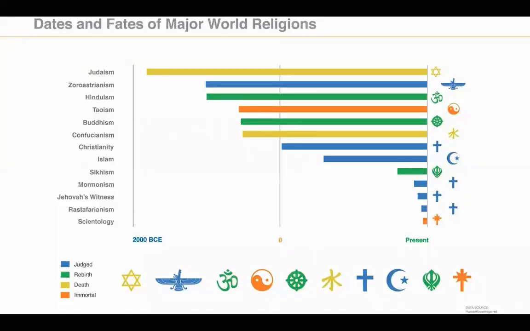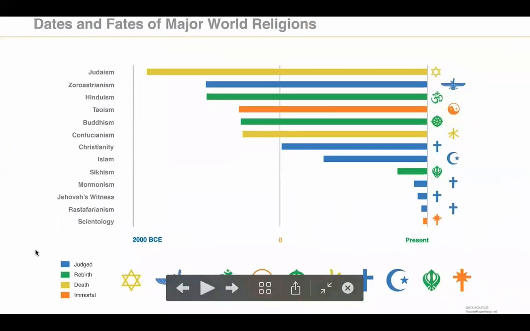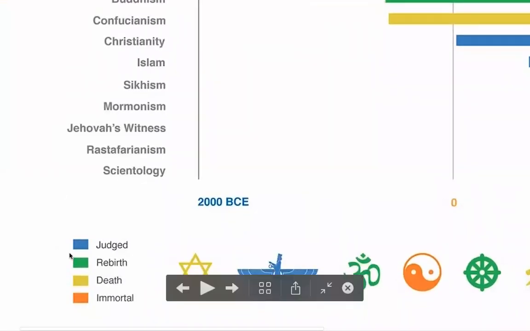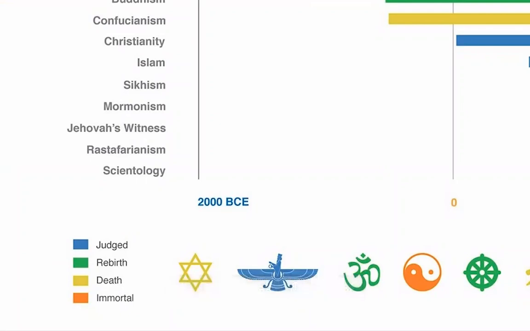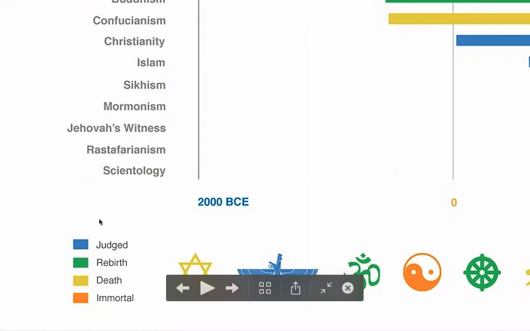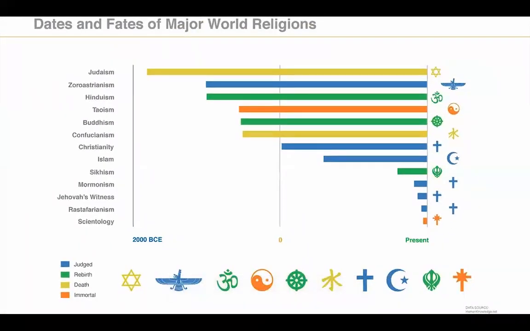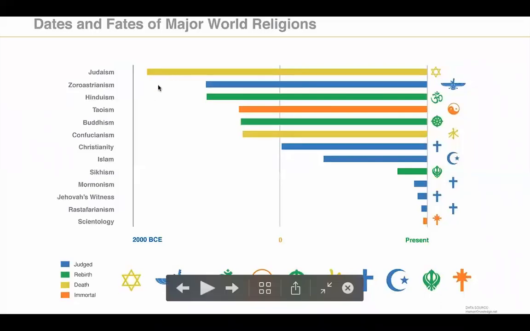This is just a kind of visual to show you here when it says dates and fates. They're talking here about, are you judged? Are you rebirthed? Do you just have death and you don't come back? Or are you immortal? It's kind of color coded here, but you can see, in Judaism, you die.